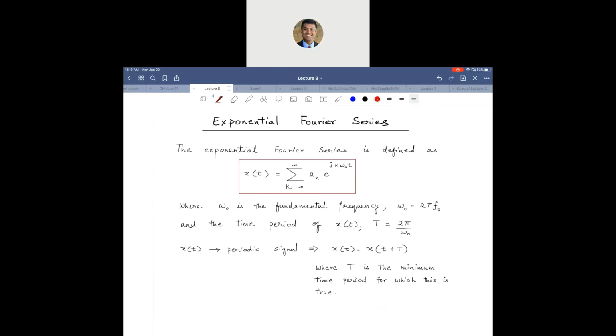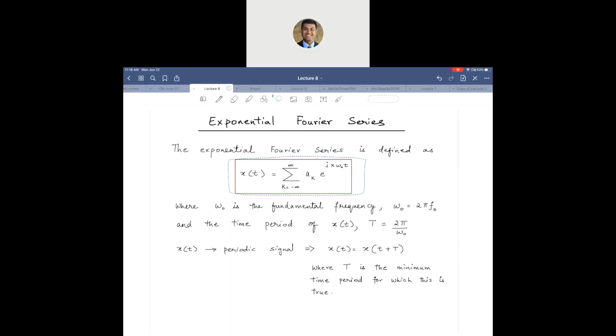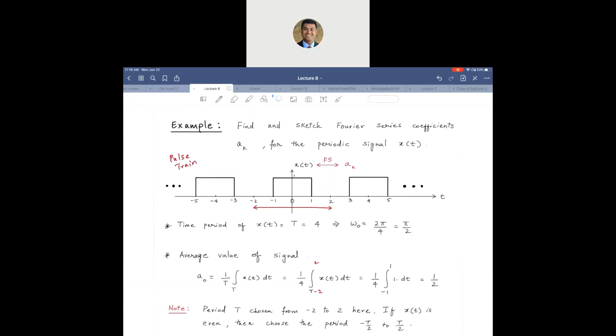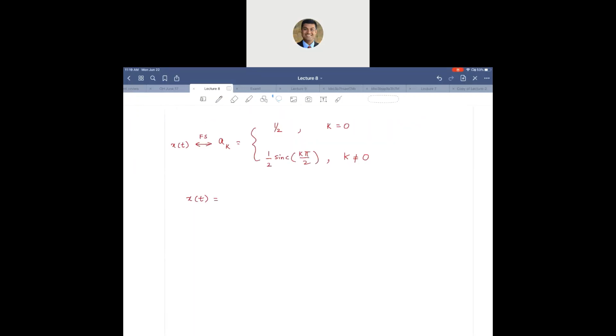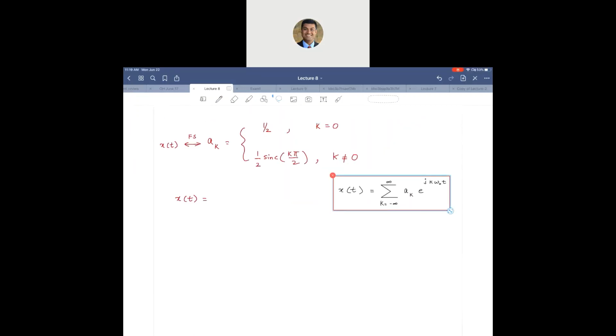What I'm going to do is copy this from here and paste it right here so that you see how we can write x of t. We can write x of t as this particular summation.